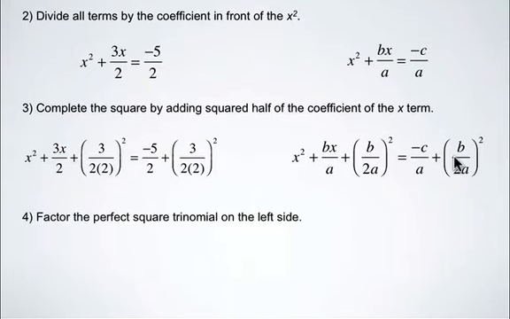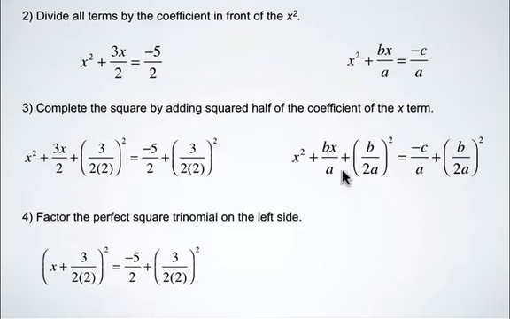Now what we do is we factor the perfect square trinomial on the left side. So we have x plus 3 over 2 times 2, squared. Notice this x squared becomes the x, and then the 3 divided by 2 times 2 is our second term.